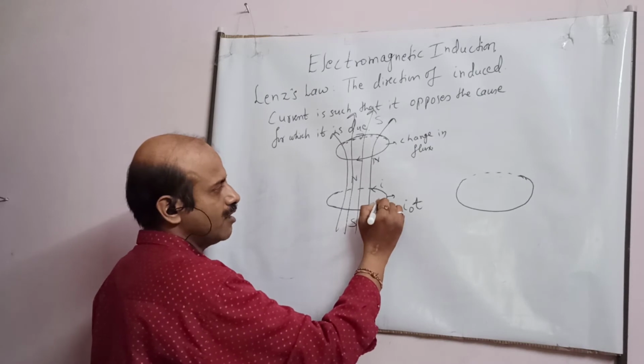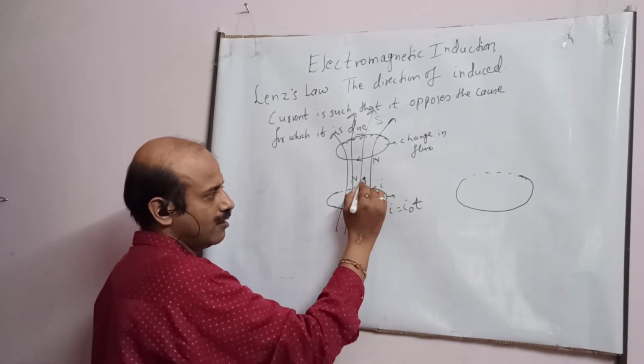For this, the magnetic lines of force are like this. From here current is flowing, okay? North pole is here.